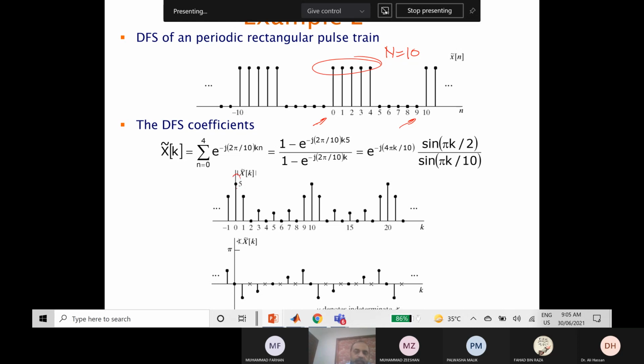That's why you see 5 here. The contribution of the DC value is the 0th coefficient of the discrete Fourier series, and that can be easily calculated by adding all the samples in the signal.